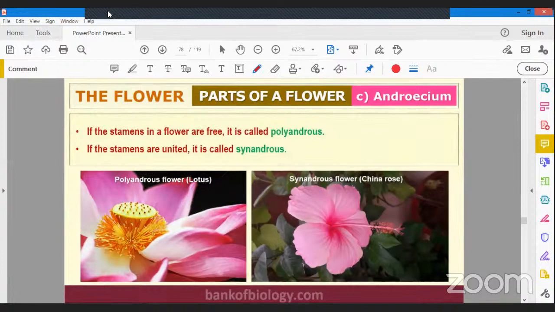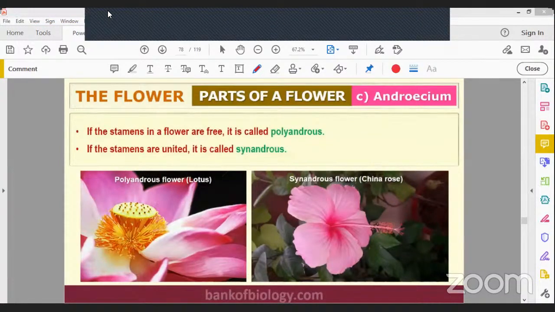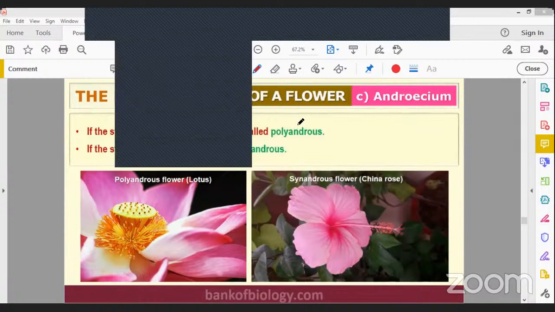If the stamens are united, then they are called synandrous.